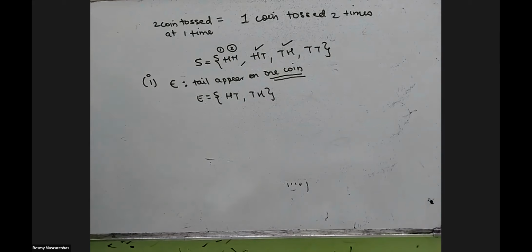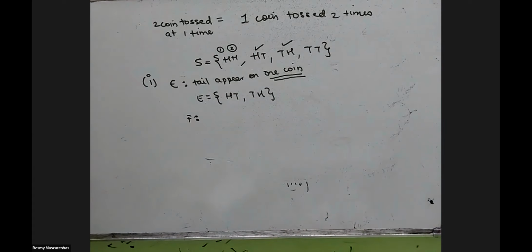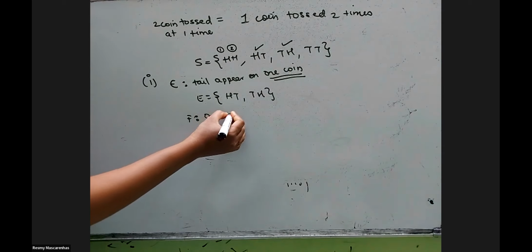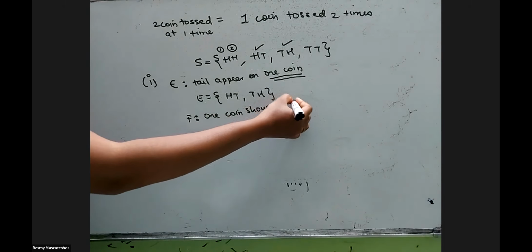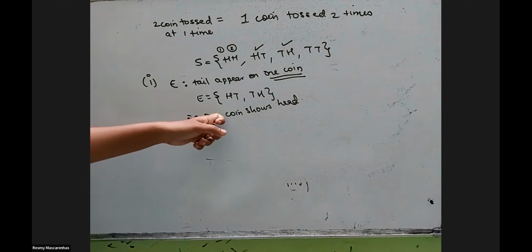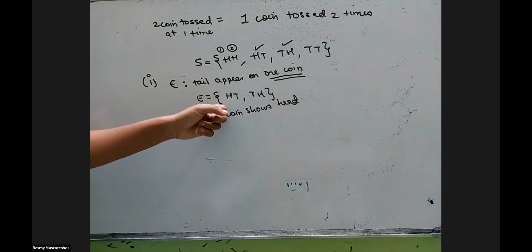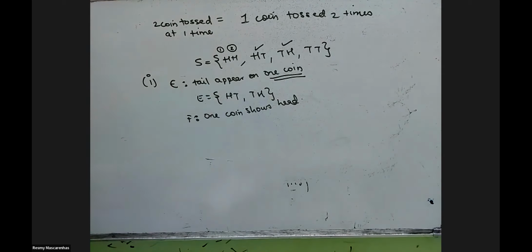Now F is given as one coin shows head. One of the coins shows head. This is given in the question; I'm not writing something on my own, I just copied it as it is.